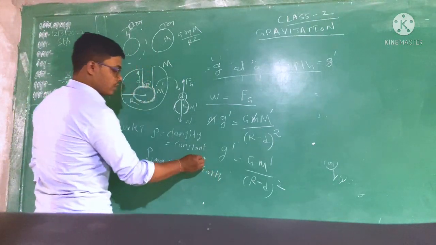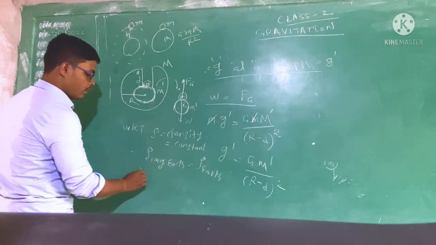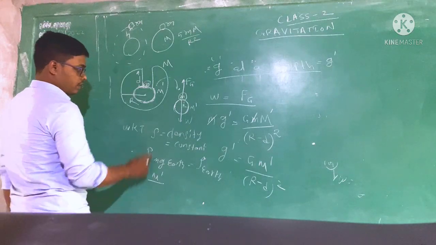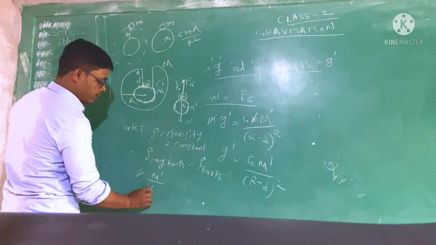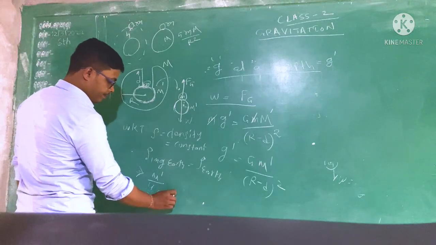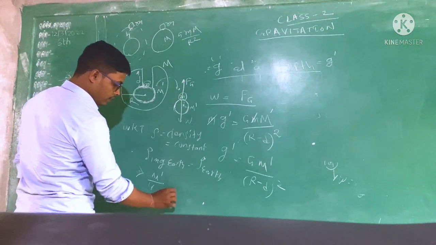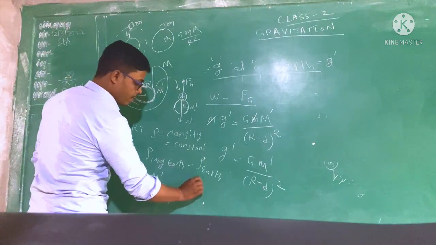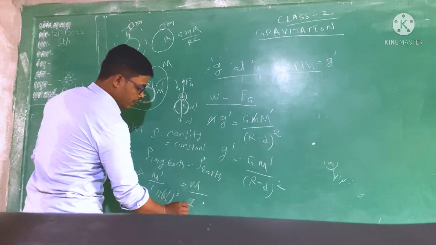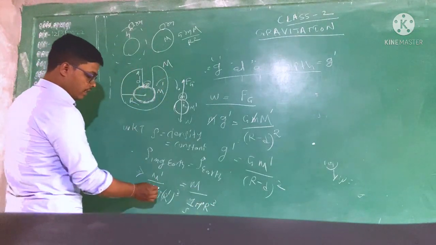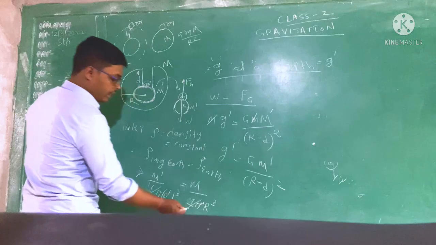Okay, so what is density? That is mass by volume. So M dash by, what will be the volume? This is an imaginary sphere, so 4 by 3 pi R dash cube. What is the density of the earth? That is M by 4 by 3 pi R cube. Okay, so you can cancel out 4 by 3 pi, 4 by 3 pi.